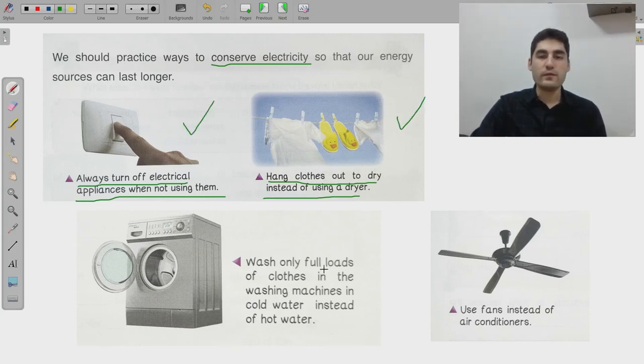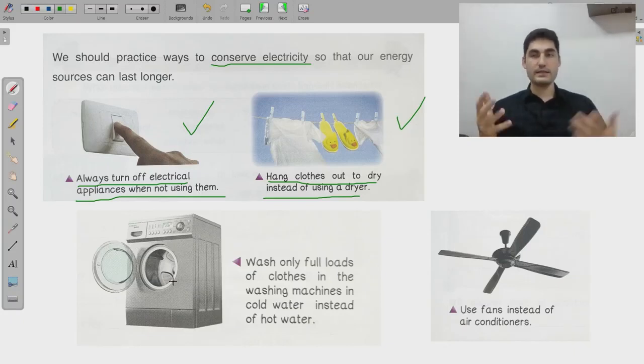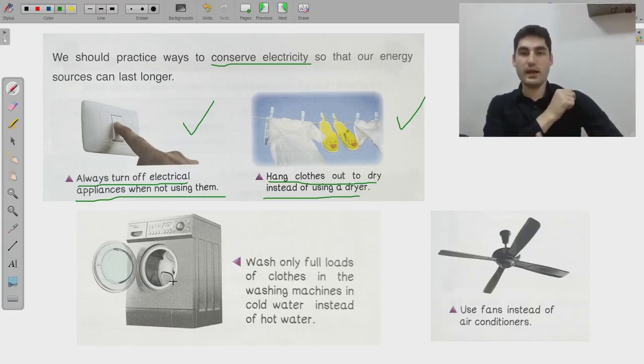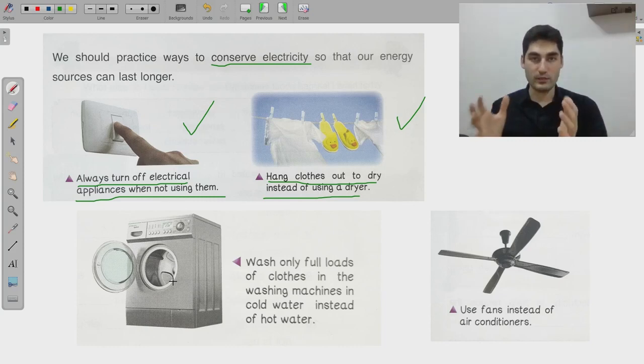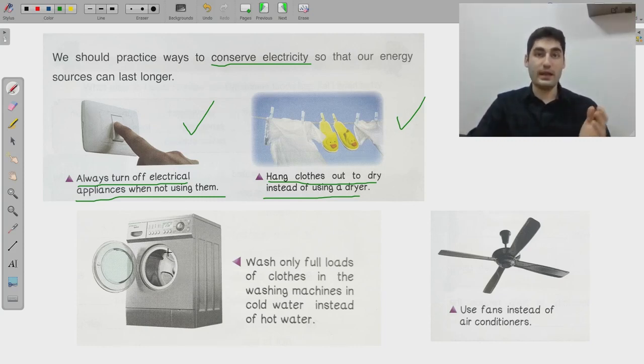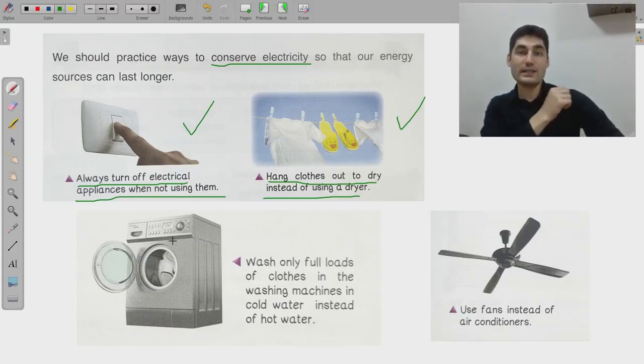Wash only full loads of clothes in the washing machines in cold water instead of hot water. So it means that, let's say, if this is dirty, I wash it in the washing machine, right? I put it inside. But if I wash only one shirt, is it good?